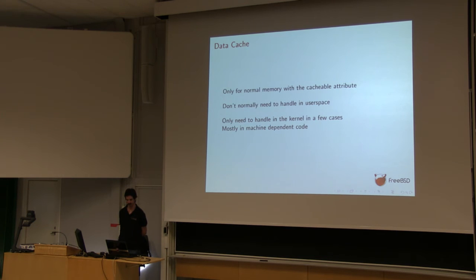So this is only for normal memory with the cacheable attribute. You could ask for uncacheable memory if you really like to, and that will mean we couldn't possibly cache it. It will go straight out to RAM. You don't normally need to handle the data cache in user space unless you're doing something weird.